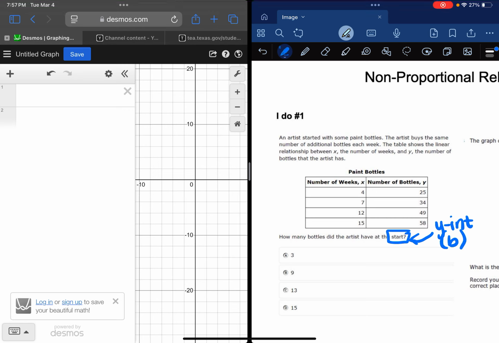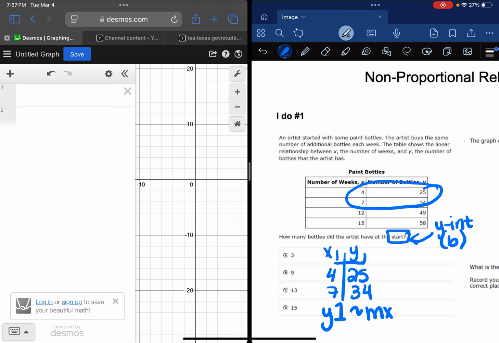Okay, and we can find this by copying our table into Desmos. We don't have to copy the entire table. We only have to copy 2 rows. Once we copy our table into Desmos, we will need to use our slope-intercept formula for Desmos, which is y1 tilde mx1 plus b.